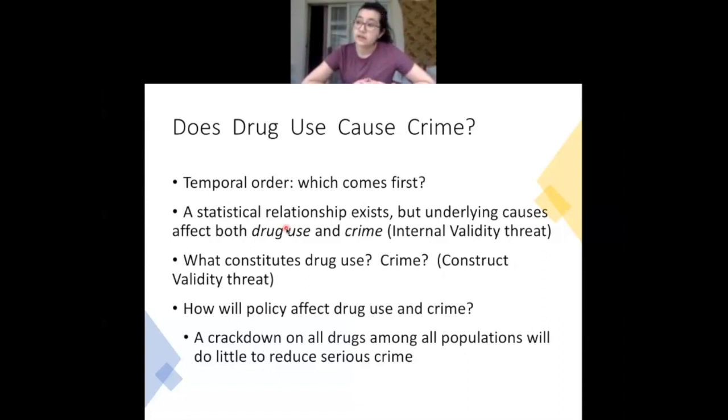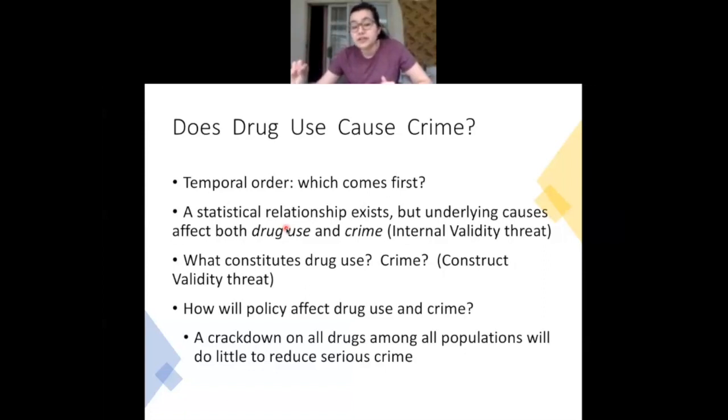If we're using panel data and a lot of the people were already caught for drug use and already caught for crime, then we need to make sure that at time 1 and time 2, if we're trying to say that drug use causes crime, we have seen drug use first in our first observations and then crime in our second observation. But if we see crime first, then the temporal order messes up the causal relationship.